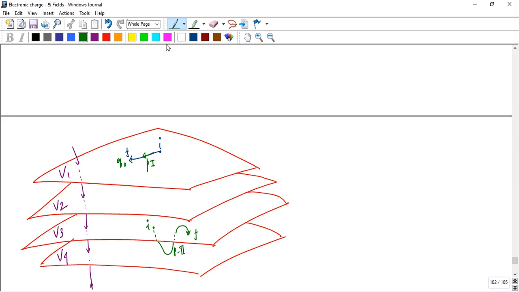Here the path number 3 is the same concept, from the first surface, that is I, to F, from surface 1 to surface 2. That is path number 3.